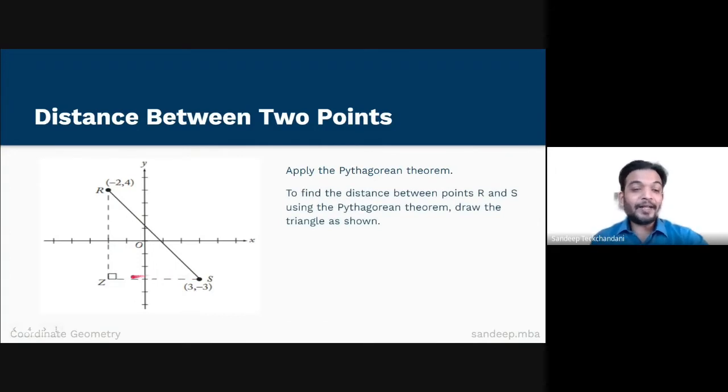Please note that the point Z has coordinates -2, -3. The length of RZ is 7 and the length of ZS is equal to 5. Therefore, the distance between the points R and S is equal to the square root of 7 squared plus 5 squared, which is equal to the square root of 74.